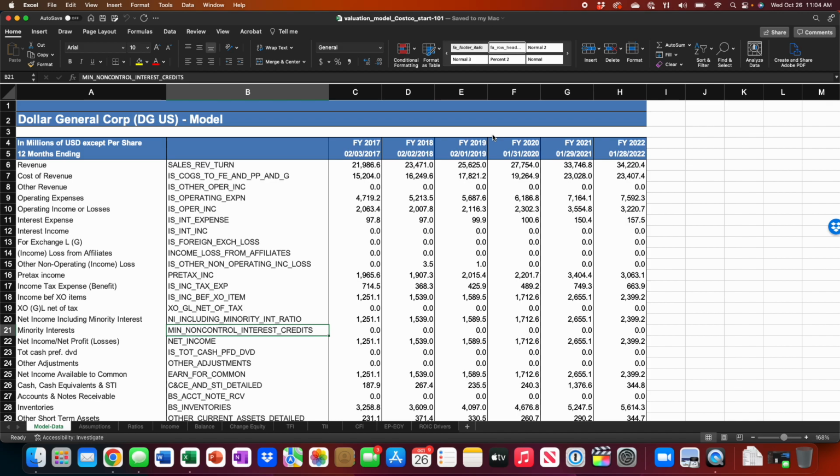This first tab, called the Model Data tab, is the data that you created, the exported file from Bloomberg. Right? Because in order to use a reusable model, we need standardized statements. Right? Bloomberg, believe it or not, doesn't have standardized statements. Their standardized statements, we have found over time, are not standardized.